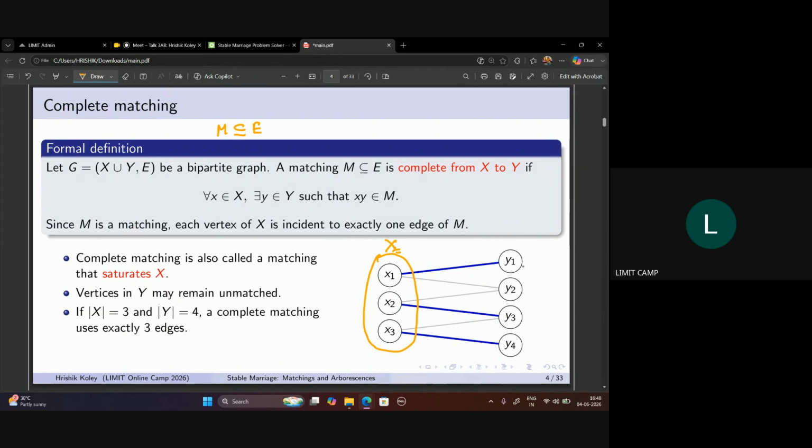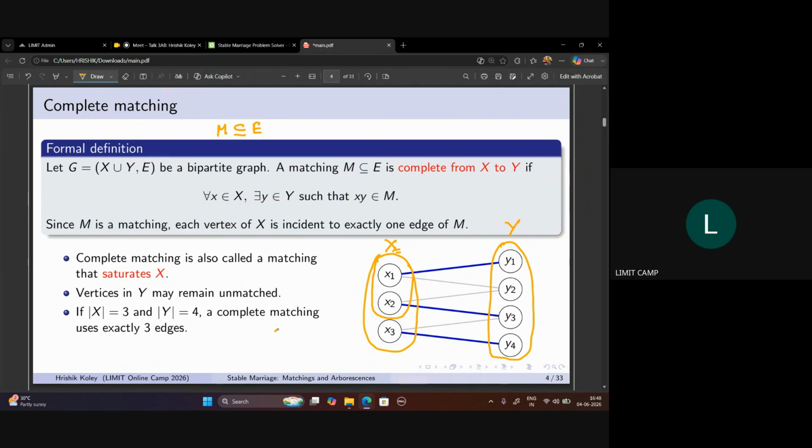The same might not hold true for the vertices in Y. In this case, you call this matching complete from X to Y. But it need not be complete on the entirety of X. You can also define the complete matching to be on just a subset. For example, a matching can be complete on just X1 and X2.